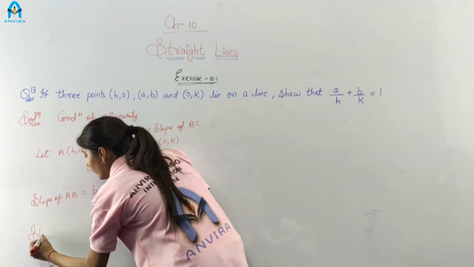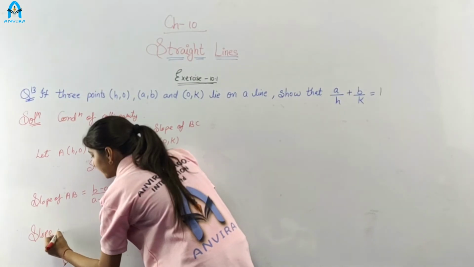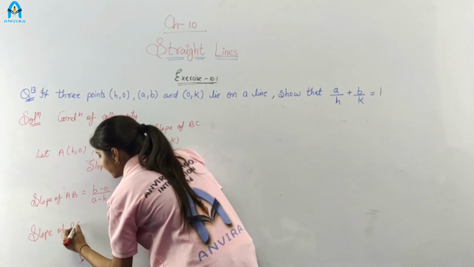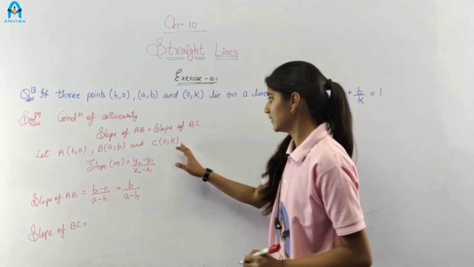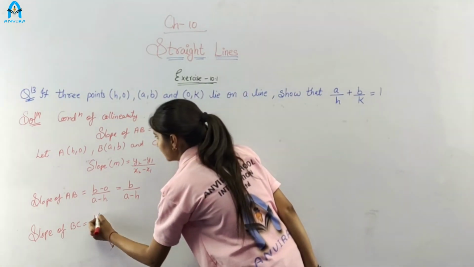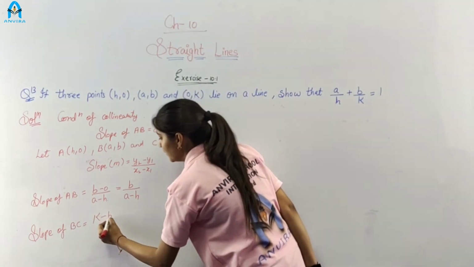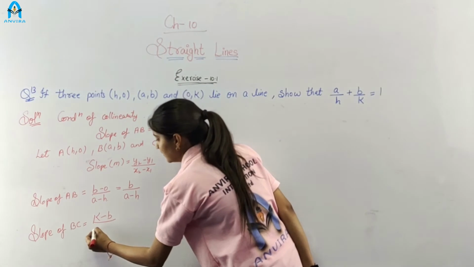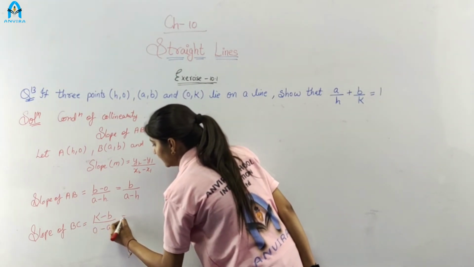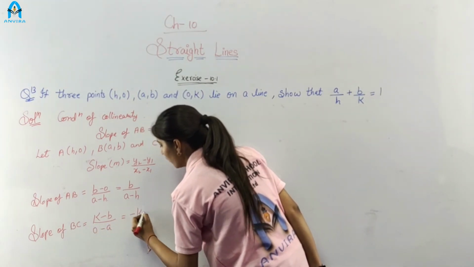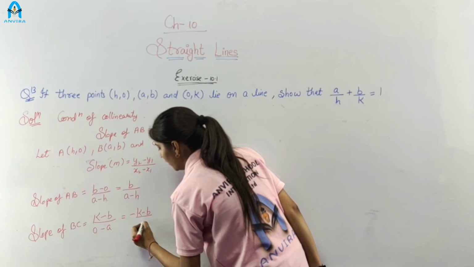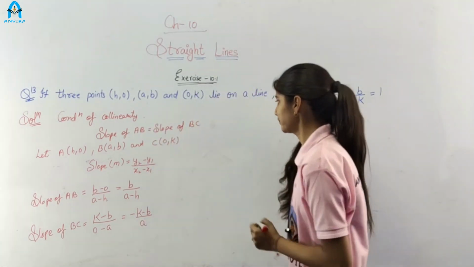Similarly, slope of BC is given by k minus b upon 0 minus a, that is equal to minus of k minus b upon a.